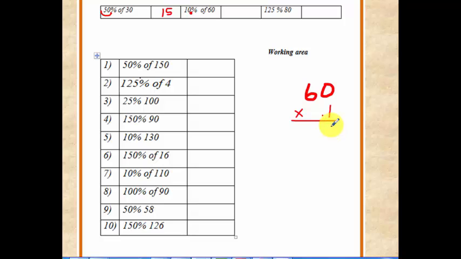What's 1 times 0? 0. What is 1 times 6? 6. And we only have 1 decimal point, so we move it over here to the left. So our answer then is 6. So 10% of 60 is 6. Okay, let's erase this one.